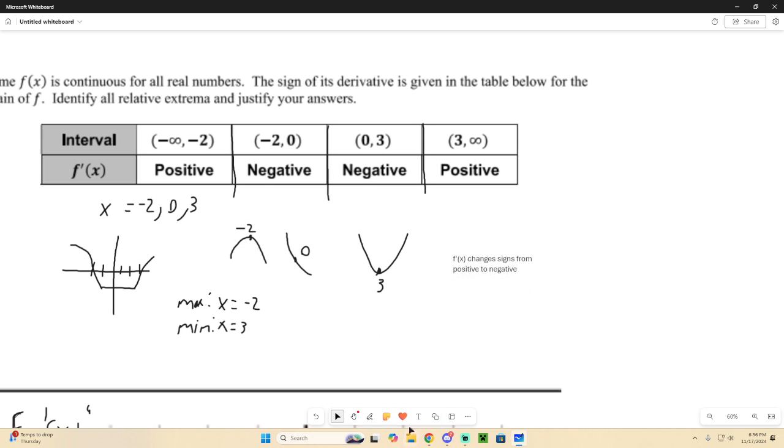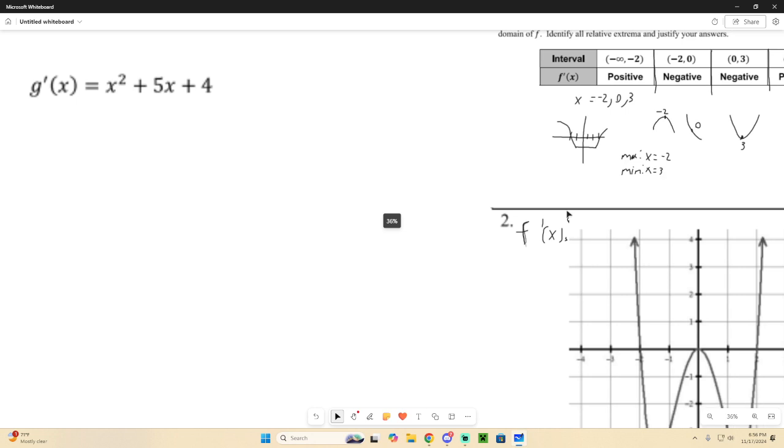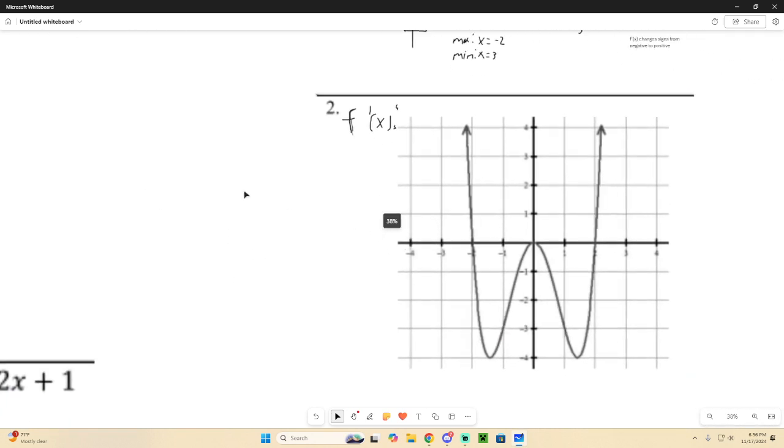And then to prove that it's a local minima, we say that f prime of x changes signs from negative to positive.